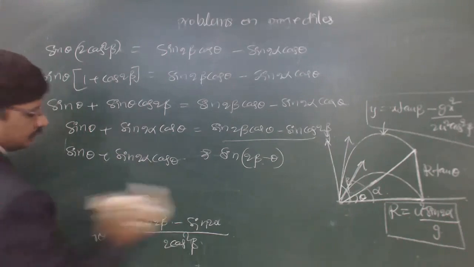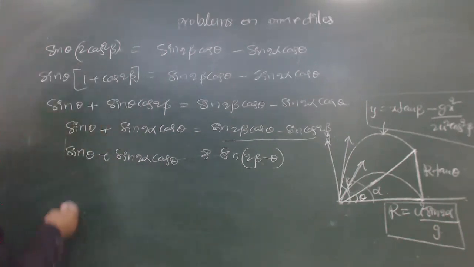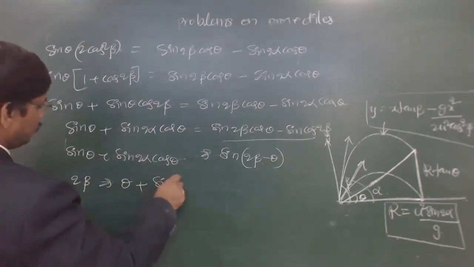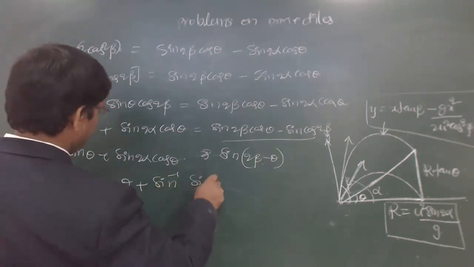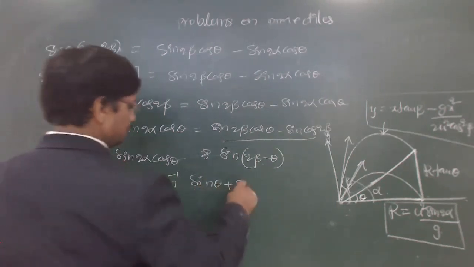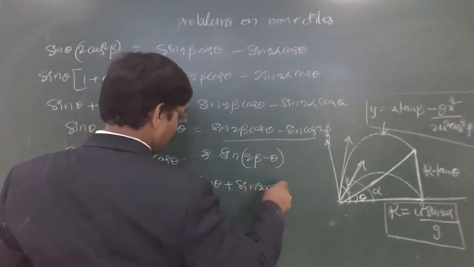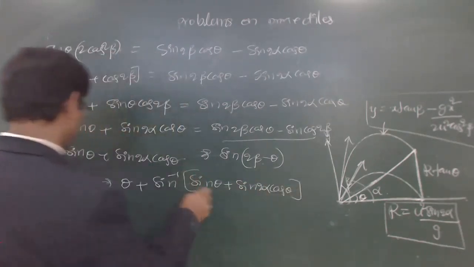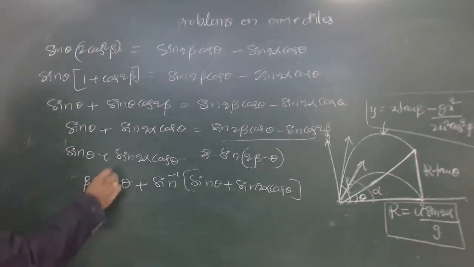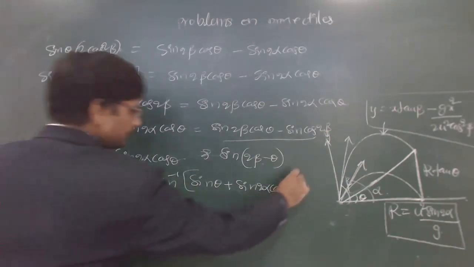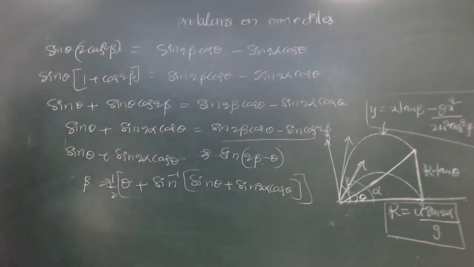So from this relation, 2 beta equal to theta plus sin inverse of sin theta plus sin 2 alpha cos theta. So this 2 you can bring it here, this is going to be half of it. Got it? So this is how you can solve the problems based on these projectiles.